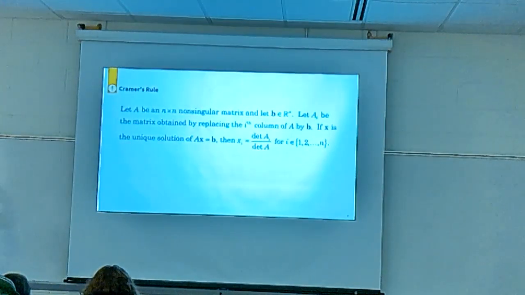This, however, is really important. Cramer's rule. Let A be an n by n non-singular matrix. Let B be a vector in Rn.